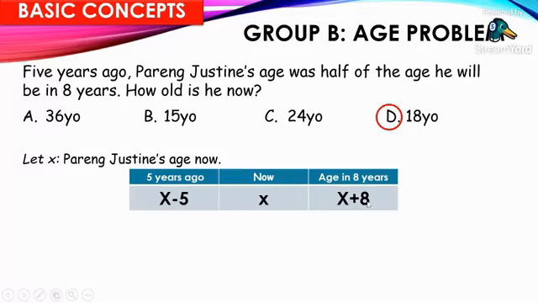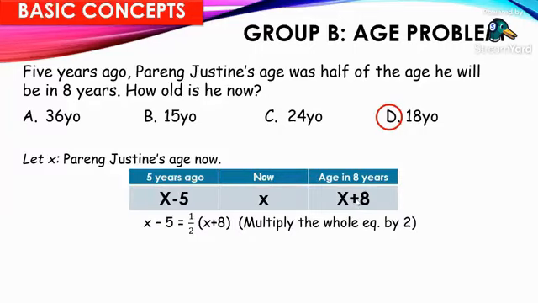Okay, so ito yung representation natin based sa problem. The mathematical equation would be, it is said 5 years ago, his age was 1/2 of the age he will be after 8 years. So X minus 5 is equal to 1/2 of X plus 8.